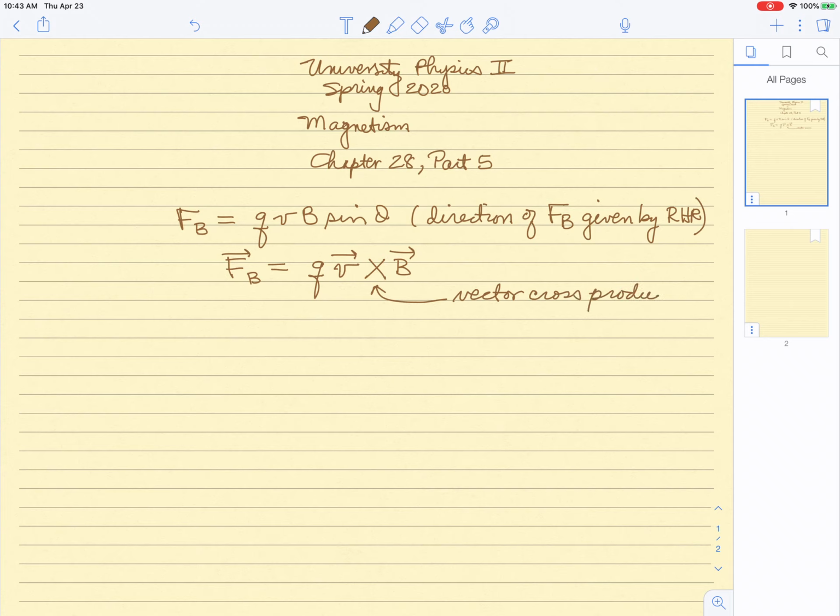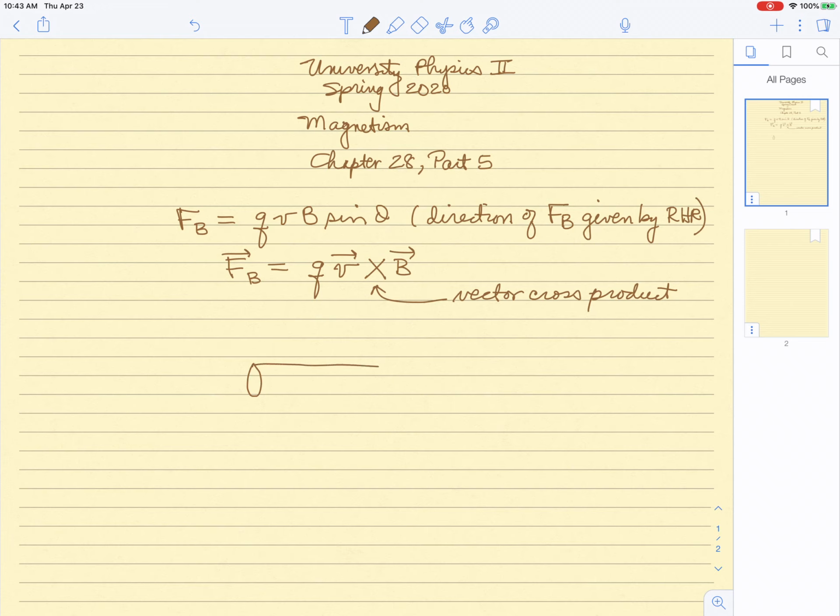For those of you who appreciate that mathematics, you can write the force in a much more compact way, and this gives both the magnitude and the direction. Okay, beautiful.